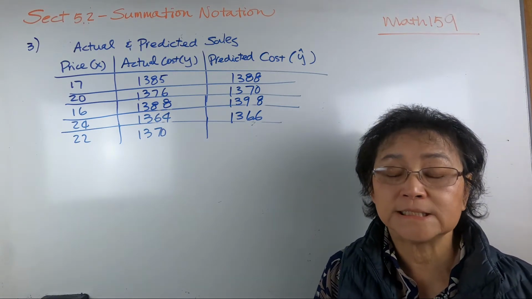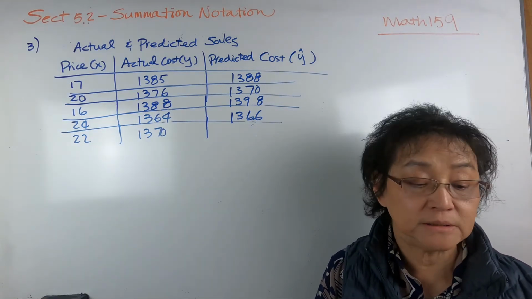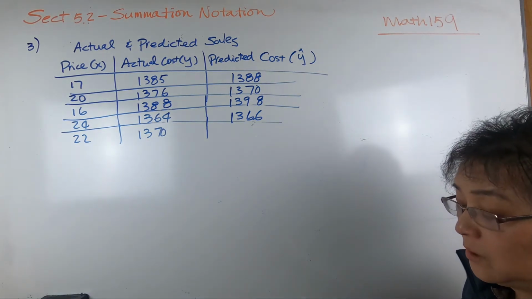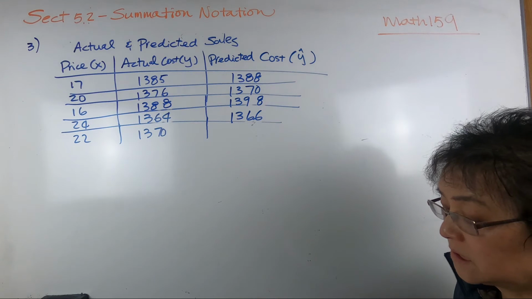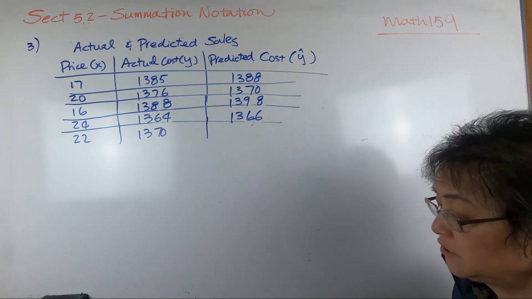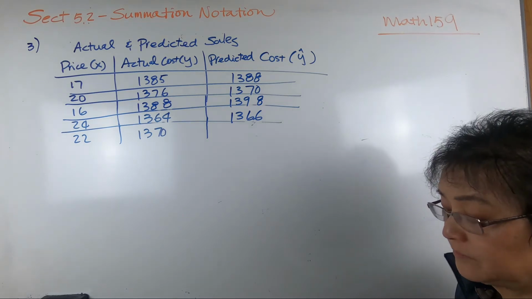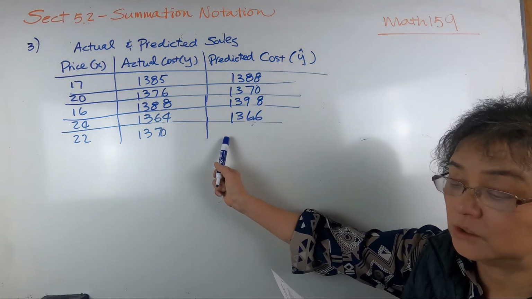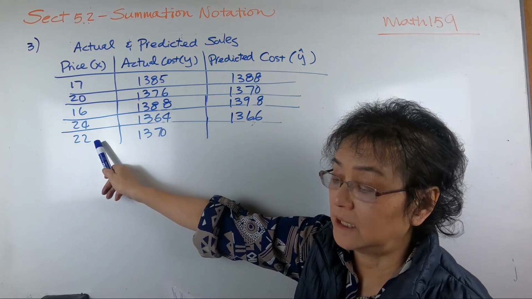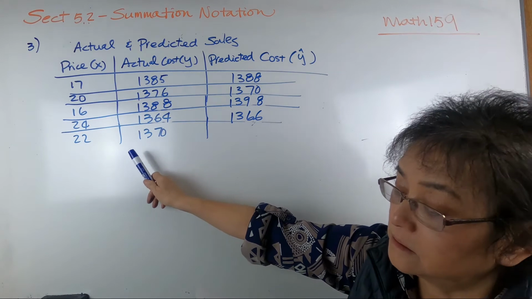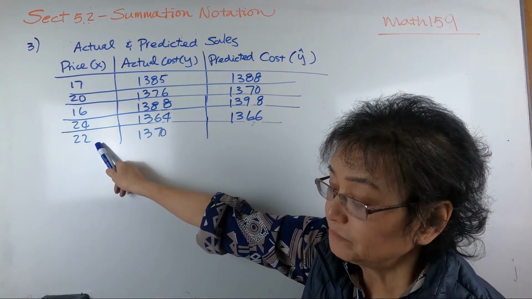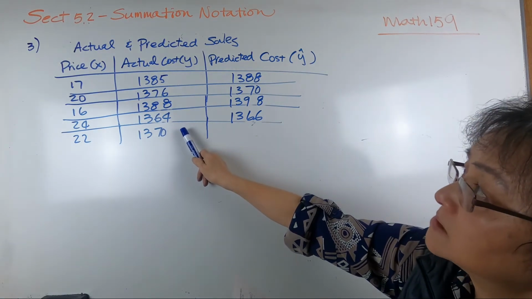Look at your next example on page 47, number 3. It says, an online clothing retailer is exploring the best price to charge for their new designer shirts. The table below shows the price X, shirt sold. And Y is what?